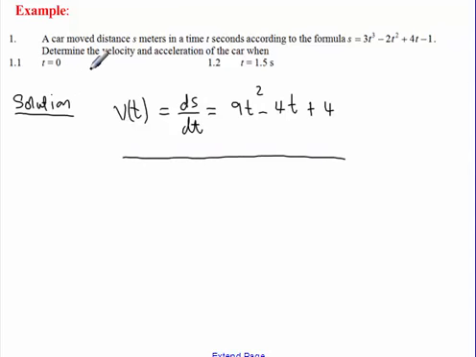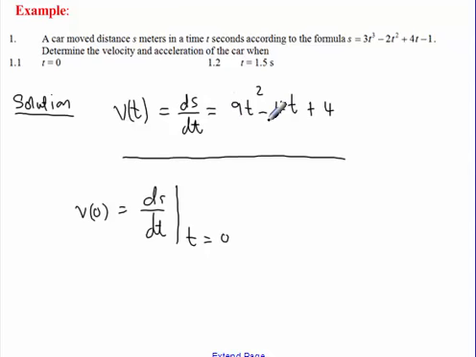You are asked to determine this velocity at t equal to 0. So now we're going to say v at 0, this is ds/dt for t equals 0. Don't disturb this function because you're going to use it several times.